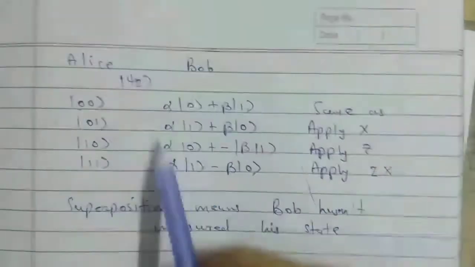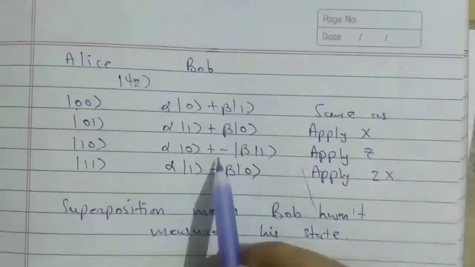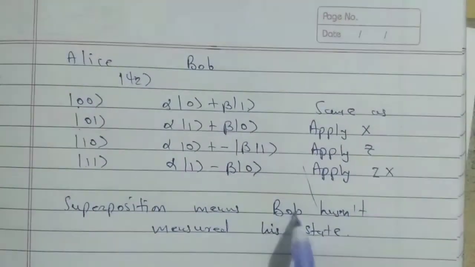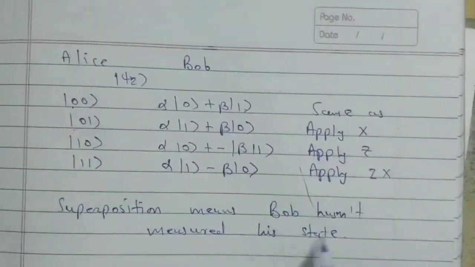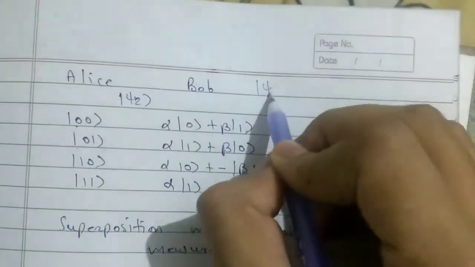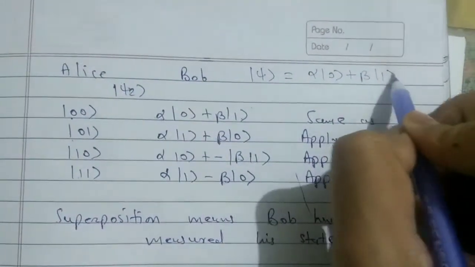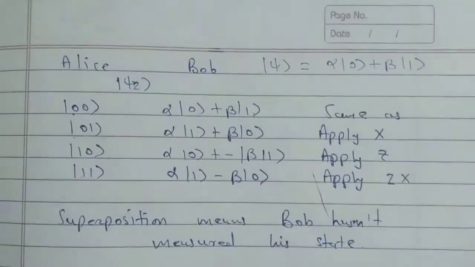Now, what does this superposition mean? Superposition means that Bob hasn't measured his state, and we just want to transfer psi, which was alpha 0 plus beta 1, to Bob.